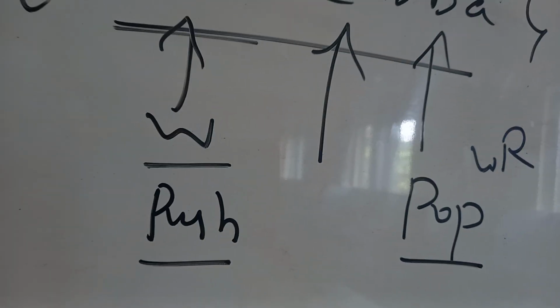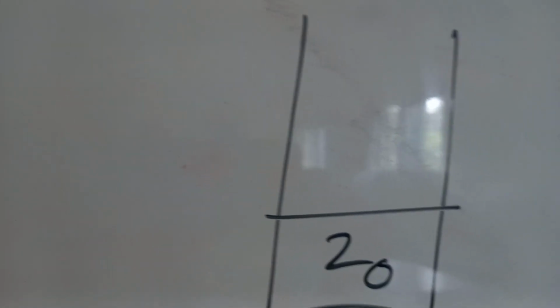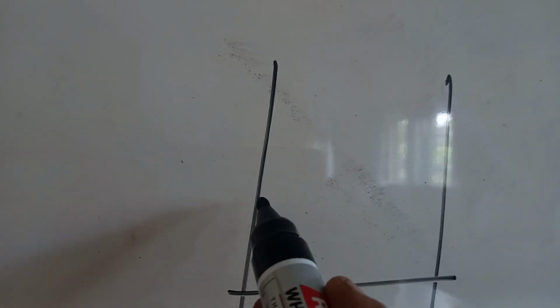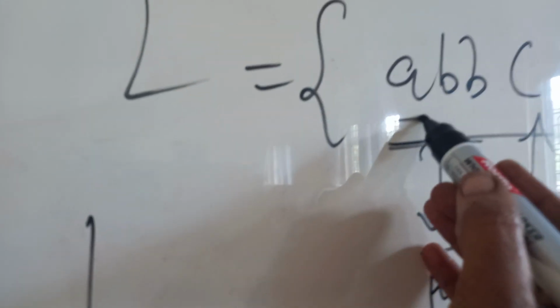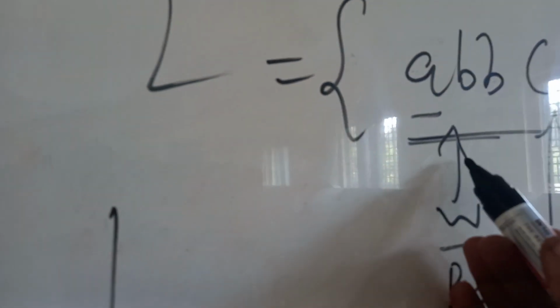Now we know that initially the top of the stack is Z0. Suppose the string starts with either a or b, whatever it may be.